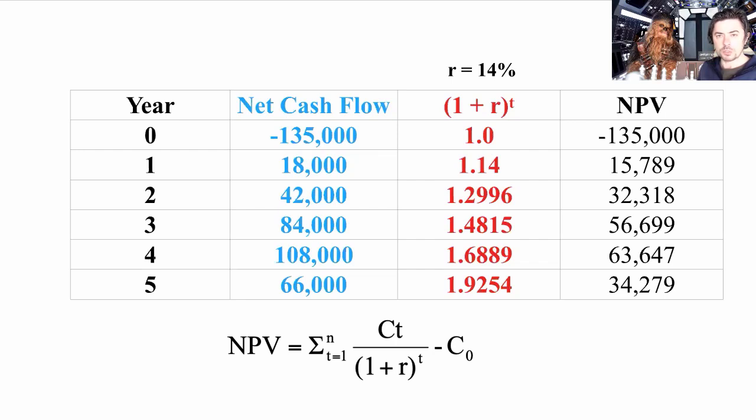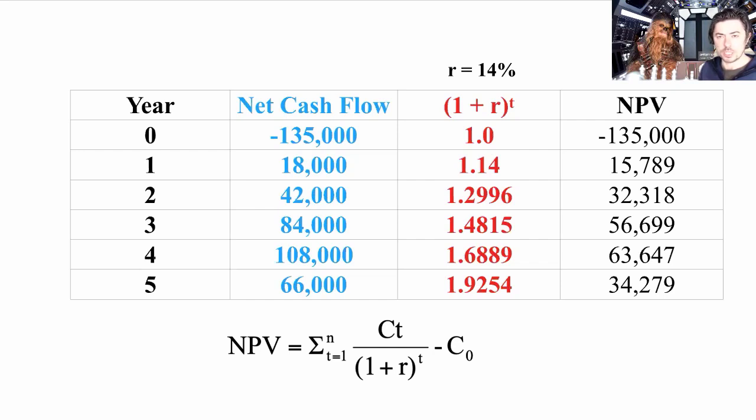All you do for the power of time is put in 0 to the power of 0, then power of 1, all the way down to power of 5 for each of those 1.14s, and you will get those figures. For example, in year 0, it's 1.14 to the power of 0, which is always going to give us a value of 1. 1.14 to the power of 1 gives us 1.14. If you keep on doing that, 1.14 to the power of 2, to the power of 3, you're going to get all those figures.